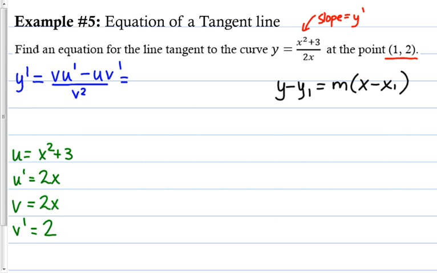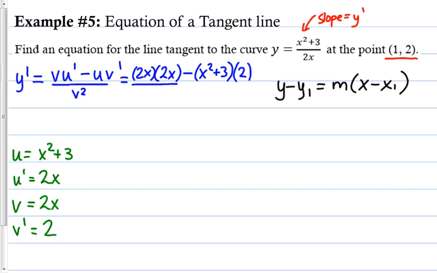All right, so let me plug in the stuff. V is 2x. U prime, oh, 2x. How convenient. Okay, minus u, which is x squared plus 3, times v prime, which is just plain old 2.